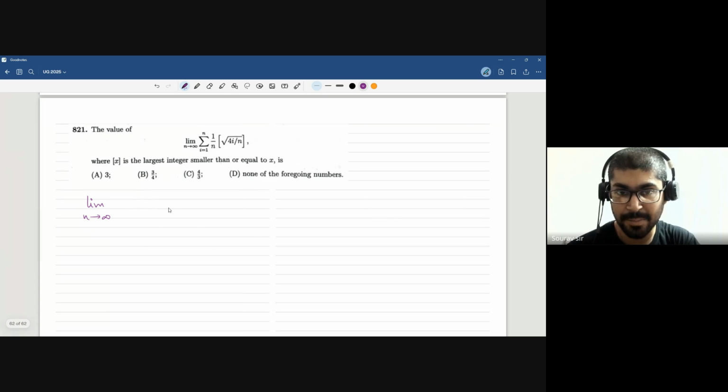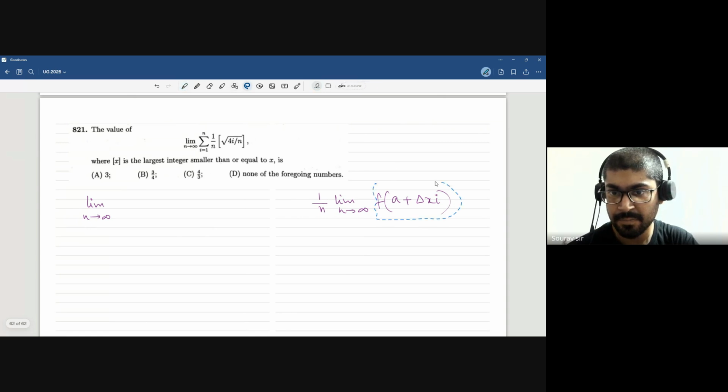You do that by going like this, right? If you have 1 by n, limit n tends to infinity, summation of f of a plus del x into I, where the summation goes from I equals 1 to infinity, and del x is given as b minus a by n.